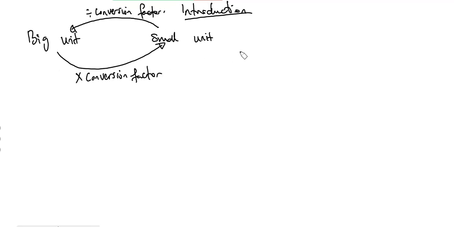Let's look at mass first. With mass, we've got kgs, then grams, then milligrams.